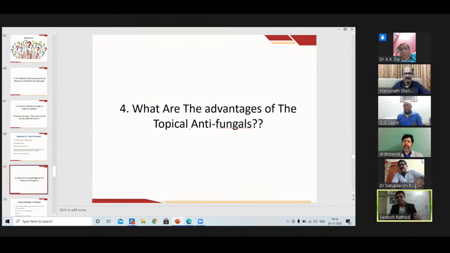So maybe that placebo effect of topical antifungal is there, where they think that the topical is working and not the tablet that I'm taking. So that is one advantage, apart from what has already been discussed by Shinoy sir, that in certain situations like chronic liver disease, renal disease, infants and pregnant women, there they definitely have advantage.